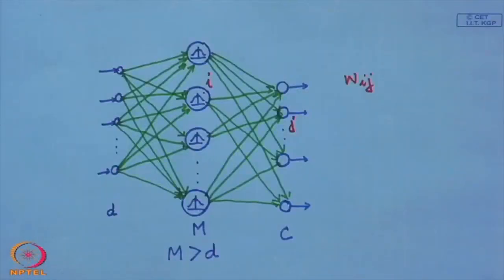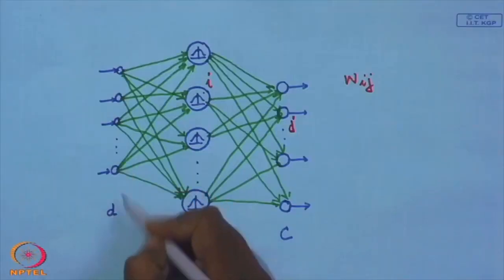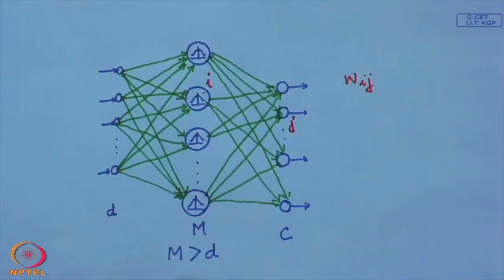So, as we increase the dimensionality more and more, the possibility of linear separability also increases. Feature vectors in the d-dimensional space which are not linearly separable, when cast into an m-dimensional space where m is greater than d, are more likely to be linearly separable.